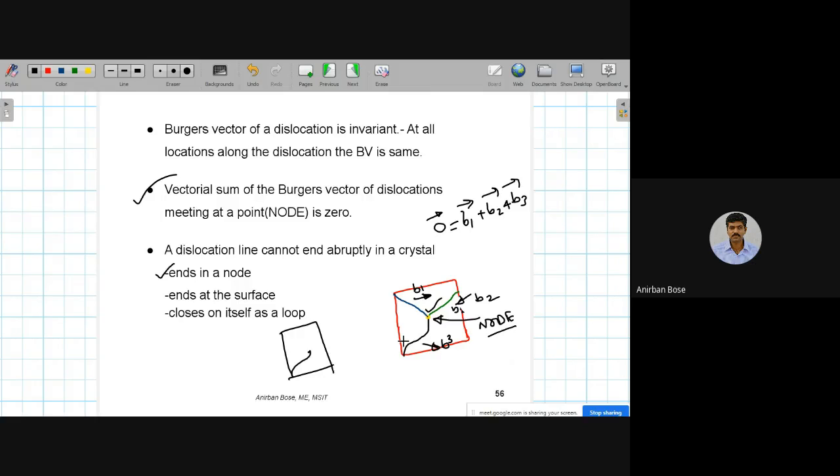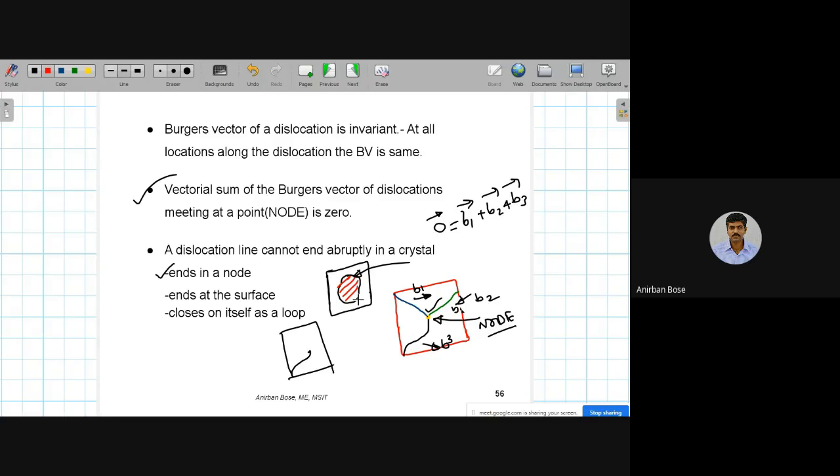Or it closes on itself as a loop. Closing on itself as a loop means, if you consider this is a slip plane, say, then this line, as you can see, is a loop, maybe a dislocation line, so that it divides the slip plane into two parts.